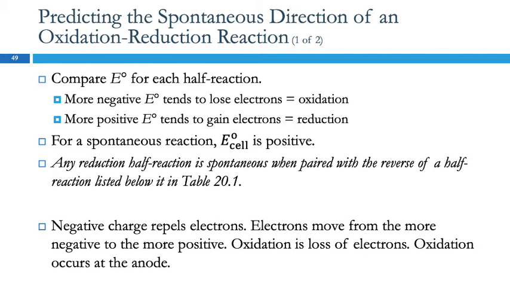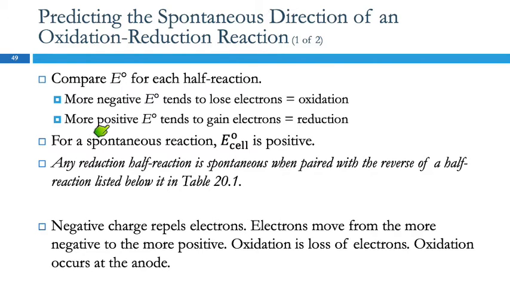Okay, predicting the direction of spontaneous reaction. We're looking at E0 for each half reaction. The more negative one tends to lose electrons. Okay, so how do we think about this? Well, if it's more negative, the electrons want to go away.